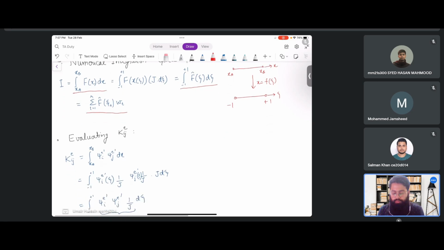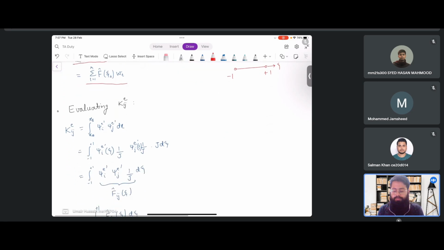Then basically, at the end of the day, we are going to use this method to solve an FEM problem. So in FEM, we solve this equation basically.